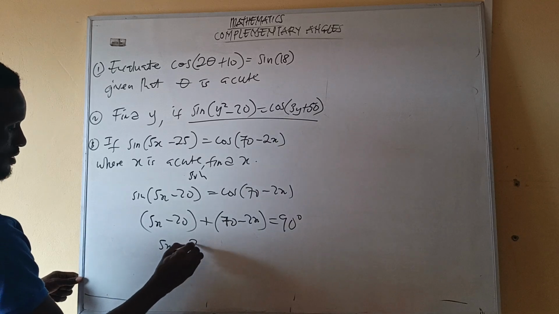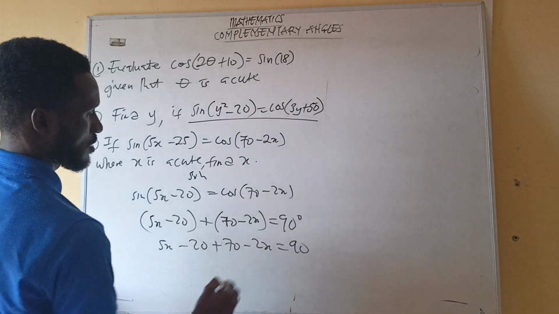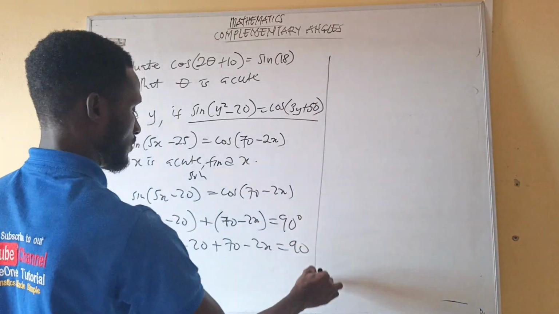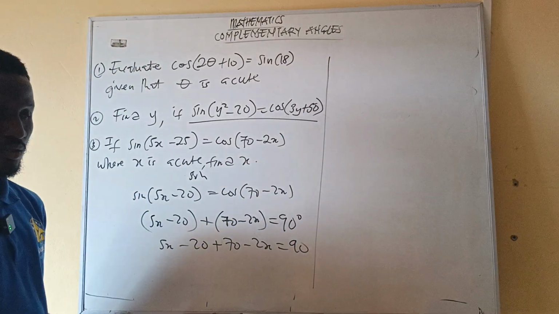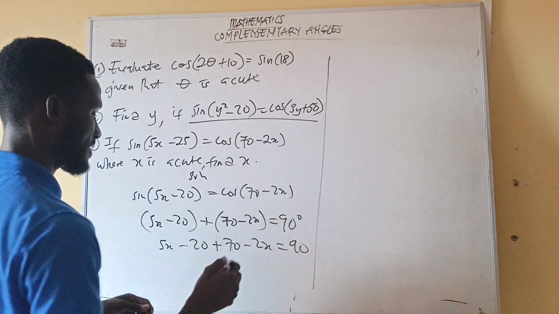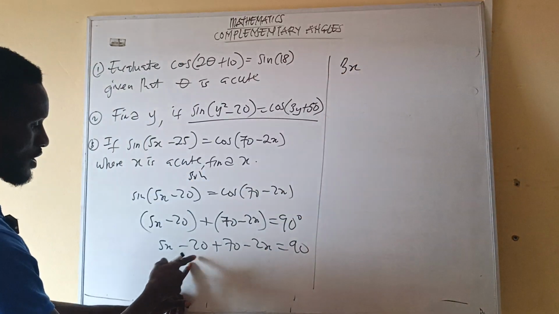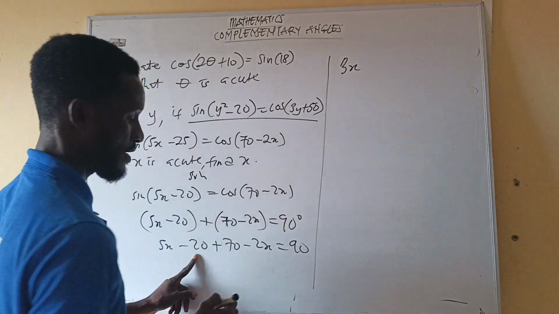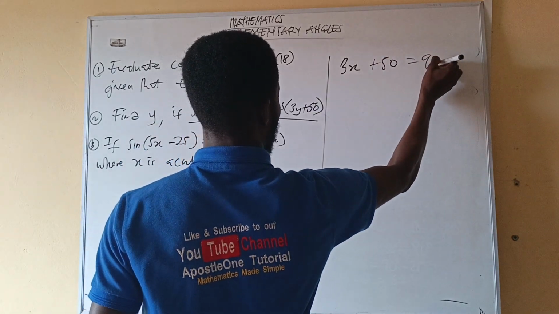Now, I'm going to get 5x, let me just write it like this. 5x minus 2x will give us 3x. Now, we have minus 20 plus 70, which will give us 50. Equal to 90.